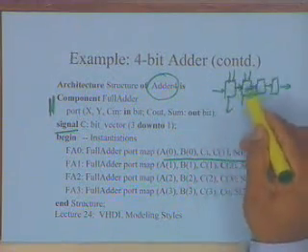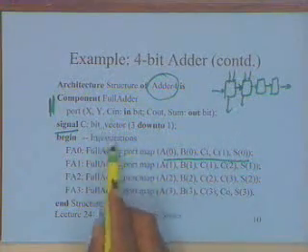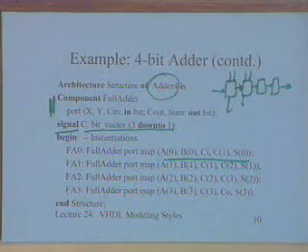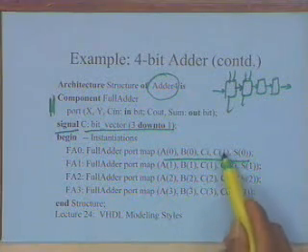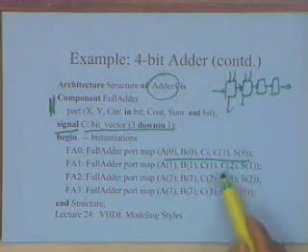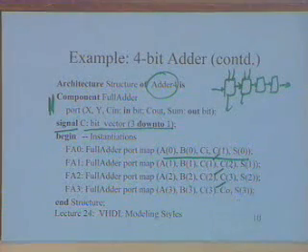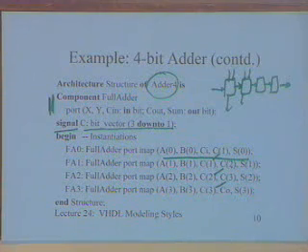This particular thing is the carry ripple, that's where I have this carry signal. You can see that C1 is used over here, C2 is used over here. So this is the connection being made between the 4 bits of the adder.